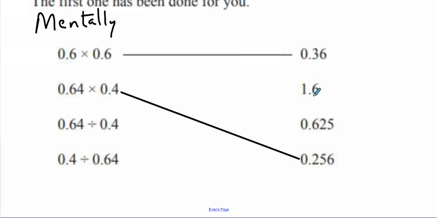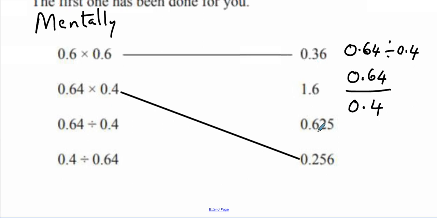Now let us do 0.64 divided by 0.4. What we do, make it as a fraction, because this is division. So set it like a fraction and put it like this.